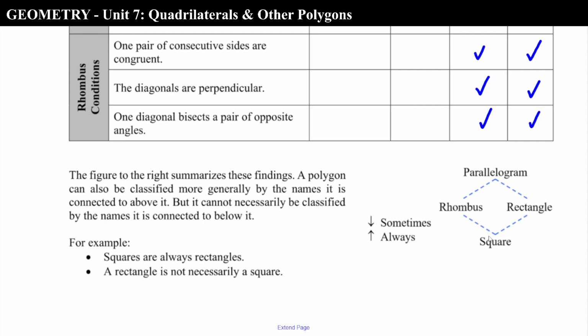So squares are always rectangles. Squares are always rhombuses. Squares are always parallelograms, but a rectangle is not necessarily going to be a square. A rhombus is not necessarily going to be a square. A parallelogram is not necessarily going to be a rhombus, rectangle, or square. So that's how we look at it. And we are going to expand on this figure a little bit as we move into the last section here.